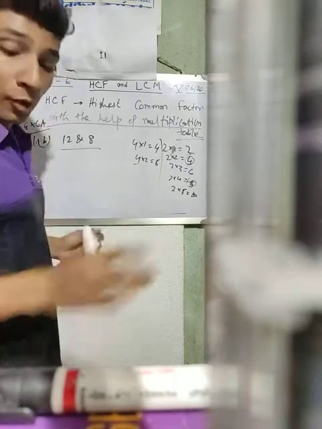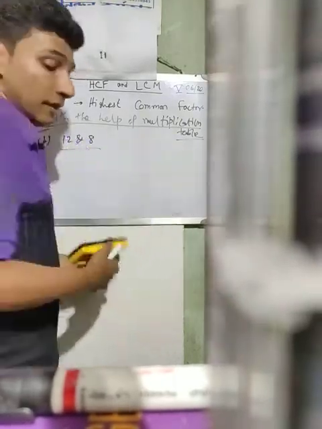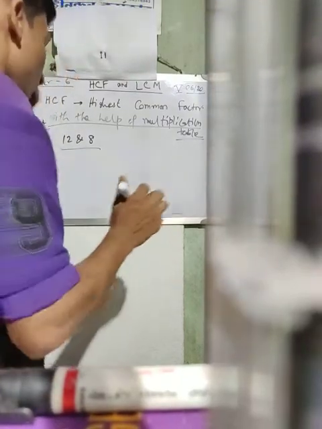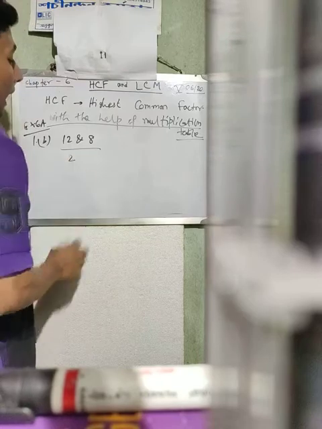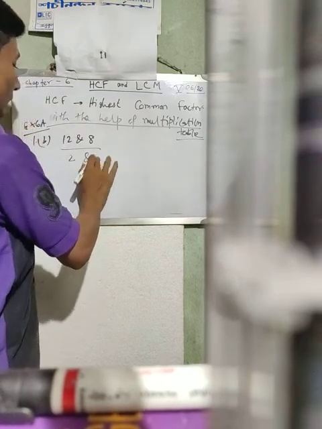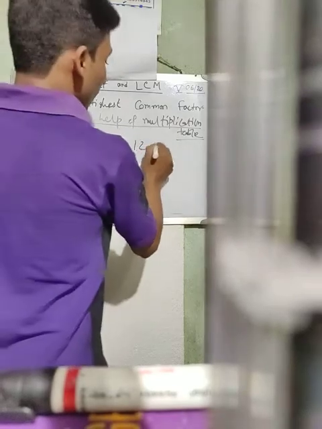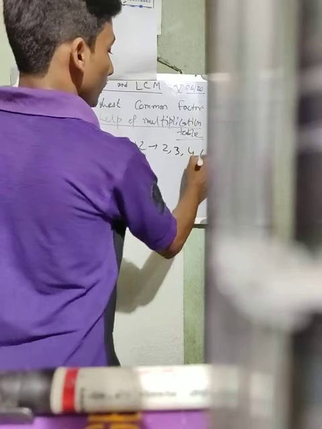Okay, so we have to find which multiplication table 12 and 8 belong to. We can see 12 belongs to the multiplication table of 2, 3, 4, 6.